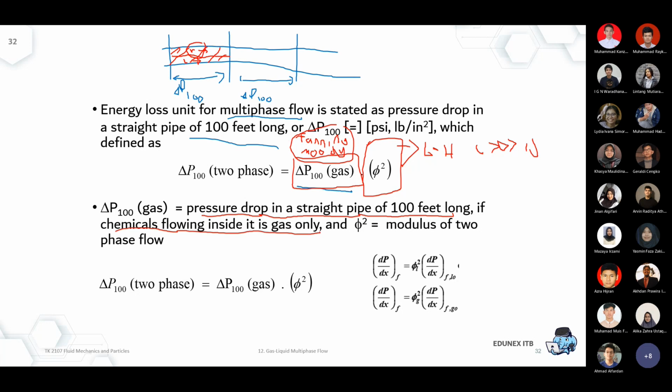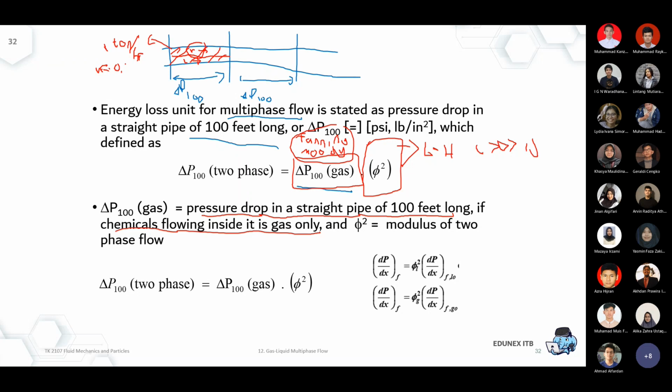So if you have, as an example, 1 ton per hour of mixed gas, and let's say the vapor fraction is 50%, just for simplicity, so that's 0.5.